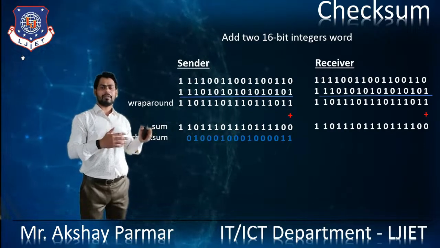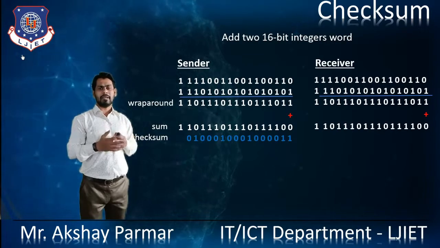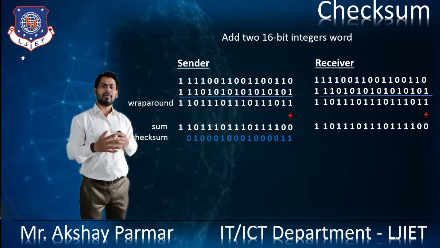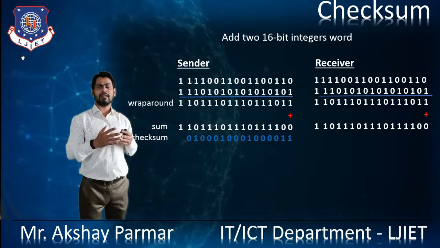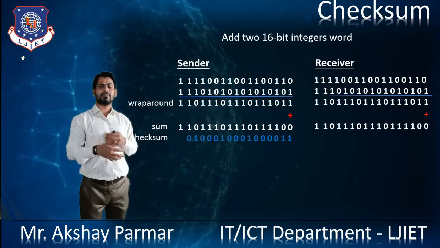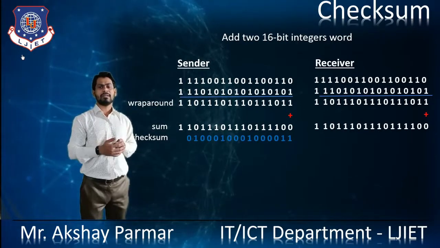That sum plus our checksum, if we add them and any bit is 0, then we can say that during the transmission some noise was encountered and had an effect on the data. So our data is manipulated or modified during the transmission.